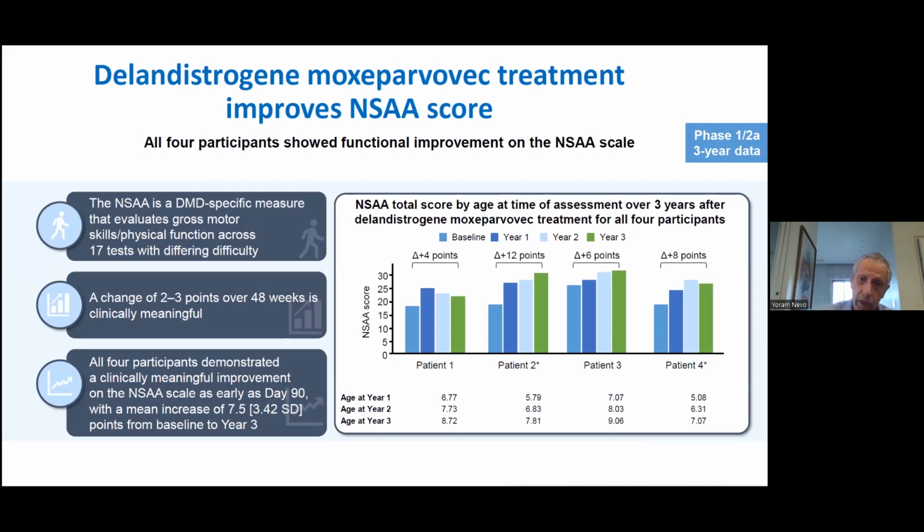After 3 years, these 4 children did well. We have to take into account that these are young patients, age 4 to 8, and at this age they are doing quite well anyway. And this is a very small number.